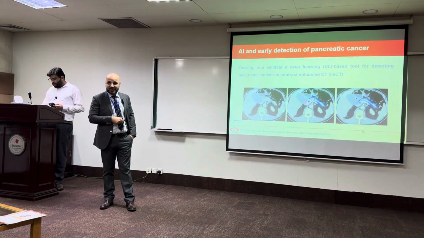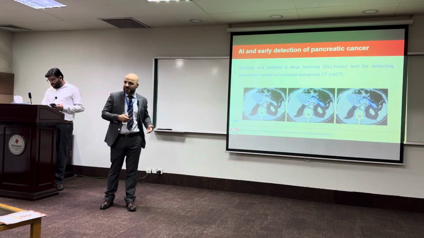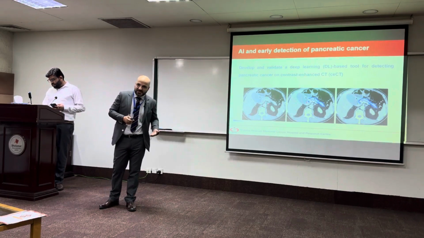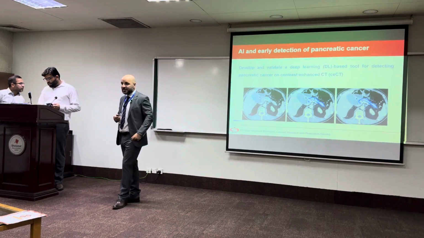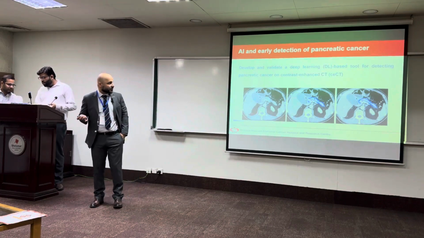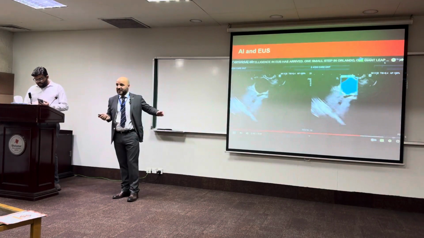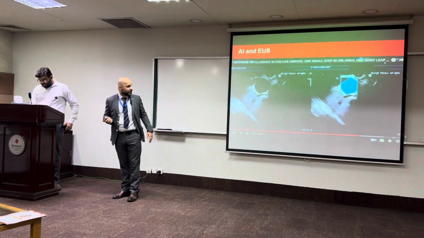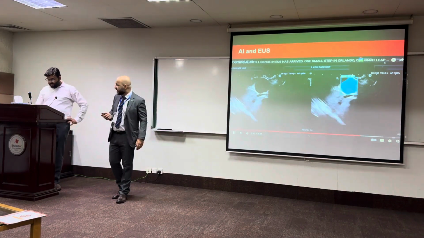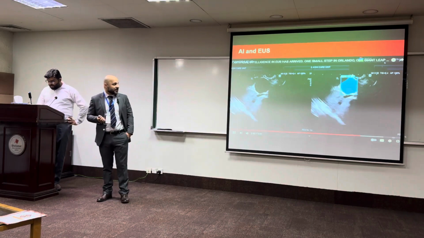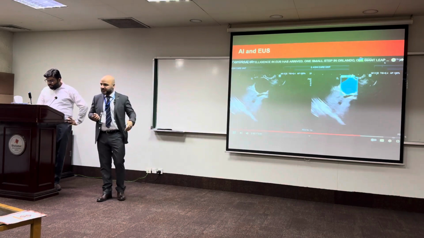The computer is picking it up, but so are we. So for bigger tumors, does the computer actually help us get a better diagnosis? I'm not 100% convinced at the moment. And so moving forward, this is an endoscopic ultrasound image of a pancreatic cyst, and this is where it might be helpful at times.